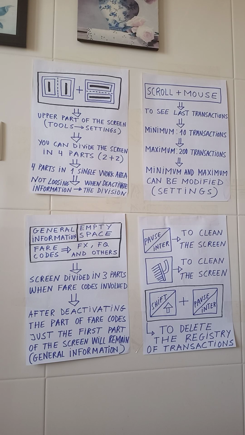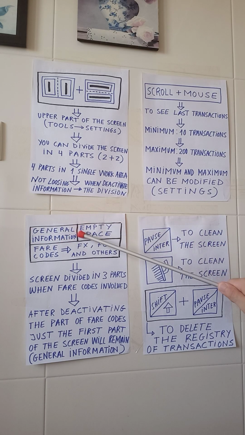Once we start managing transactions on fares, the screen will be divided into three parts, like here, okay? So, I speak about this here, a screen divided in three parts when a fare code is involved. It means that in the first part will remain the general information about the booking.